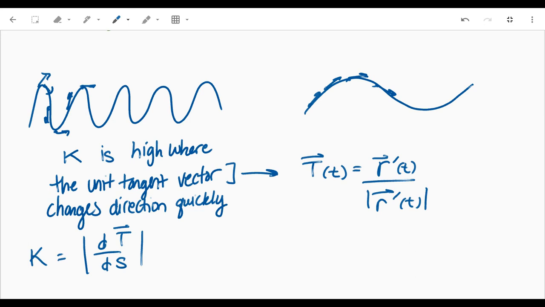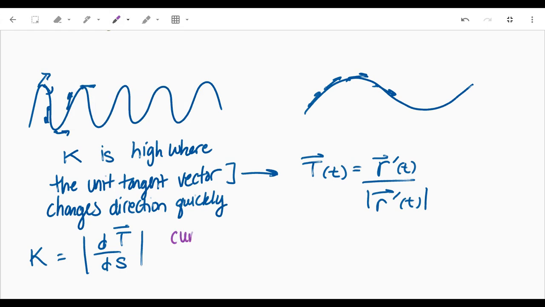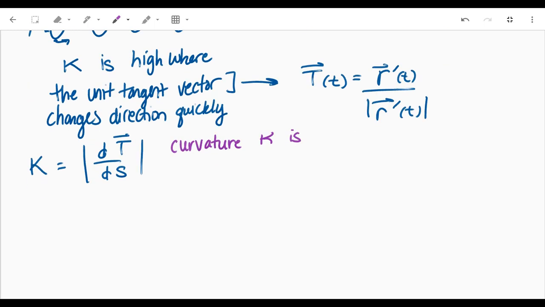Again, I'll write that out. So that is curvature. K is, oh, I got my window open so you can hear traffic. Sorry about that. Curvature K is how the direction changes with respect to arc length.